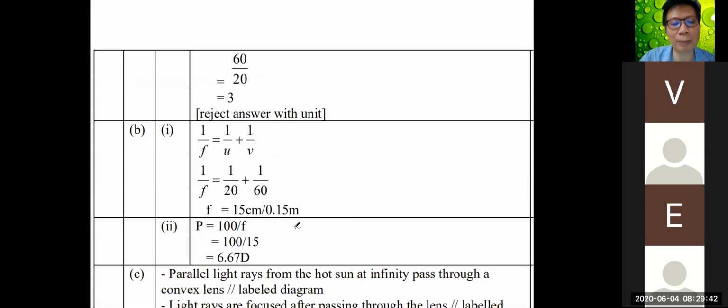If you use the formula 1 over F, you change to meter, so you don't need the 100 over F formula. So it is 1 over the focal length in meter, 0.15. You get the same answer, 6.67 diopter, D.